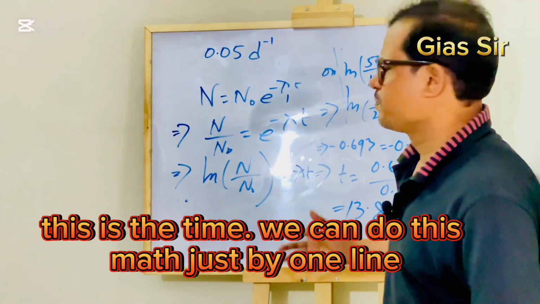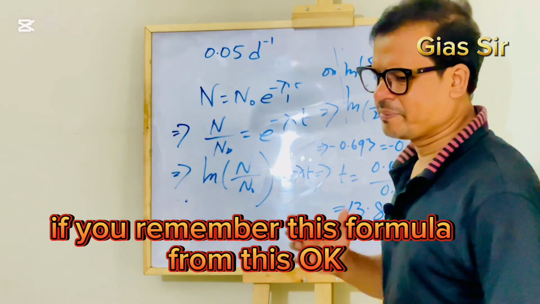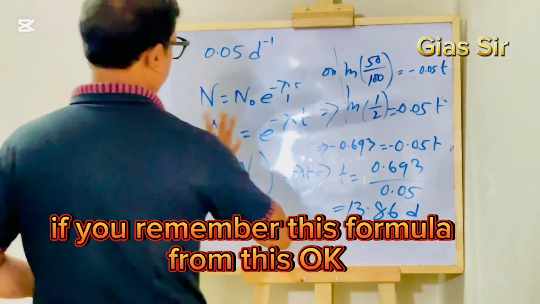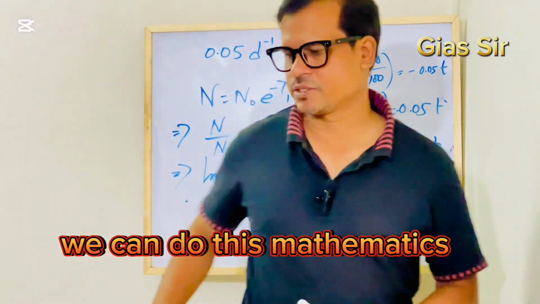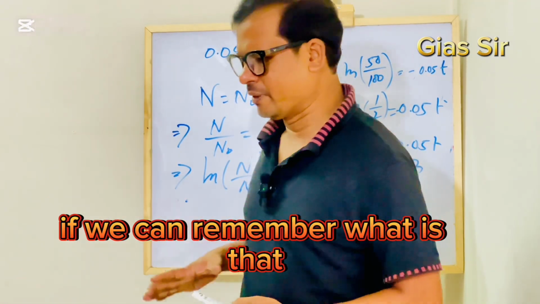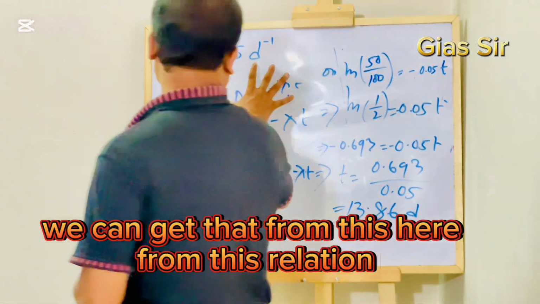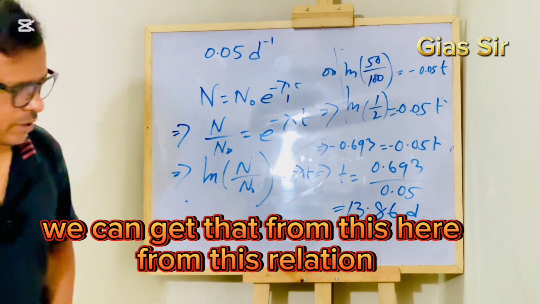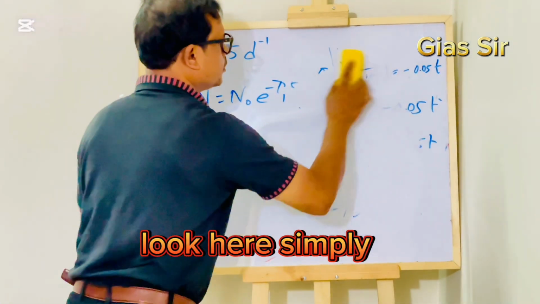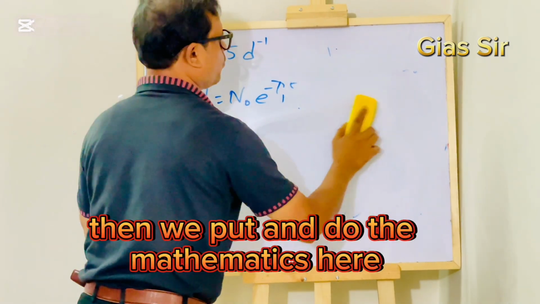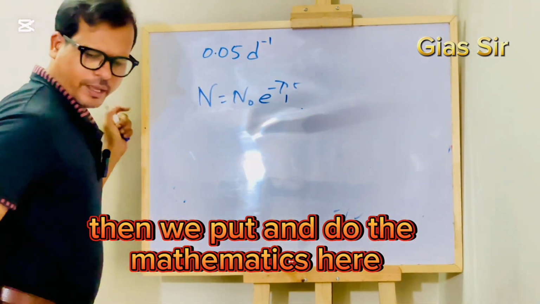We can do this mathematics in one line if you remember this formula. If you remember it directly, you can do this mathematics. If we can remember it, we can deduce from this relation. Look here, simply then we put in the values and do the mathematics.